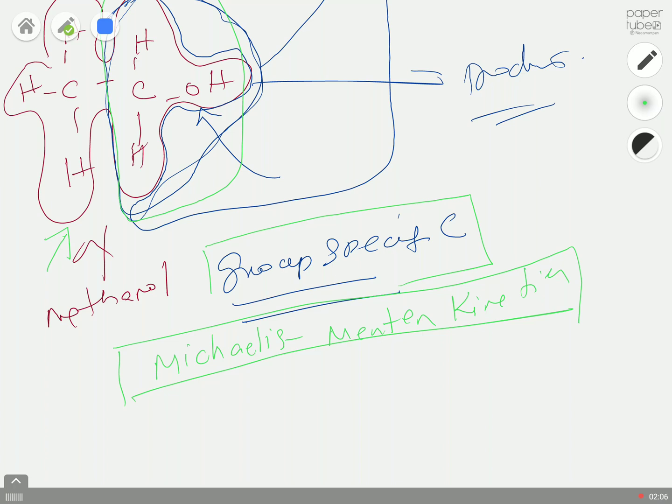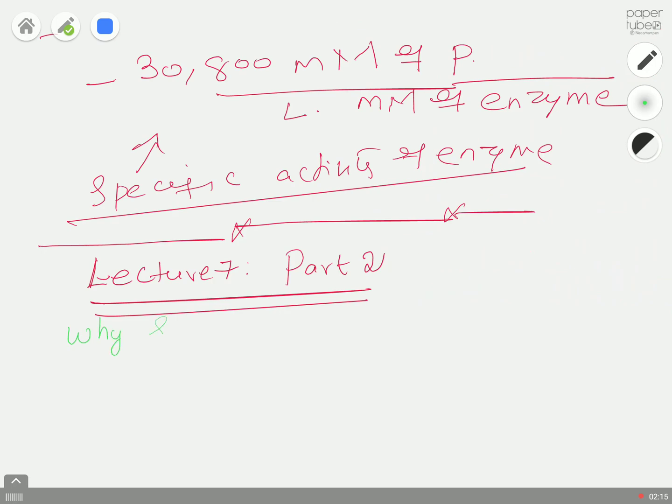And why is that? Why do enzymes need to be so specific? There are a few theoretical hypotheses for that. So why are enzymes specific? Or if you want, why do enzymes possess such beautiful molecular recognition capability?